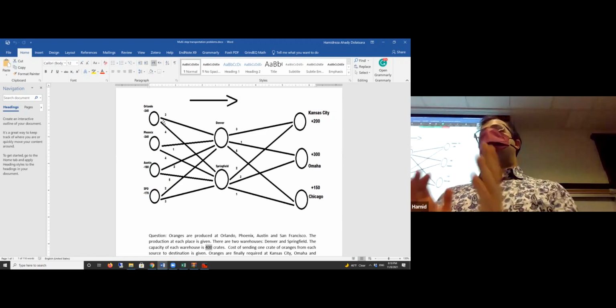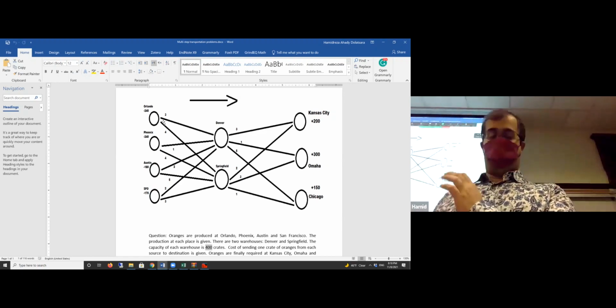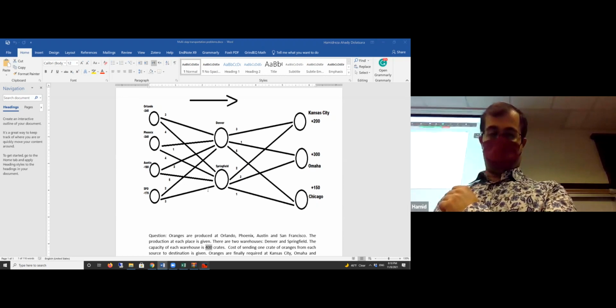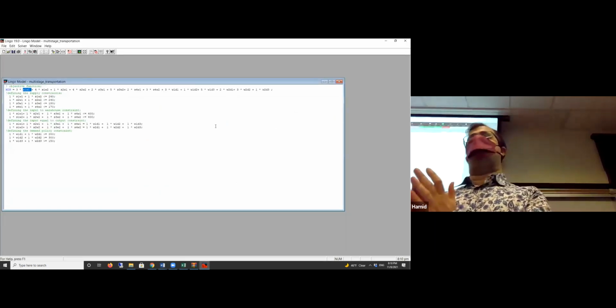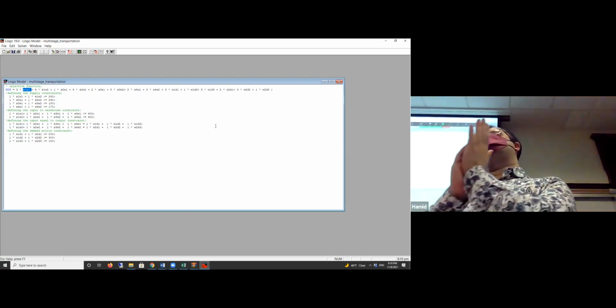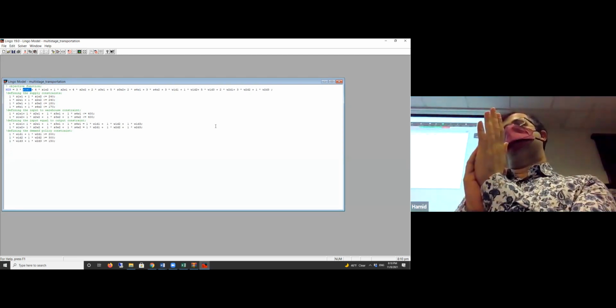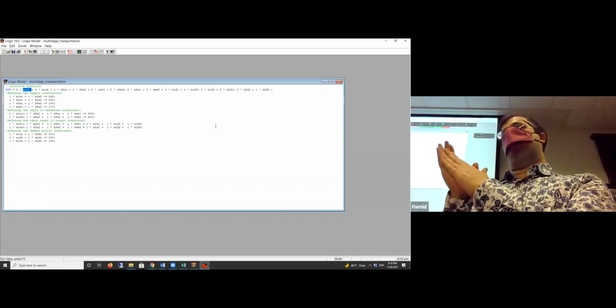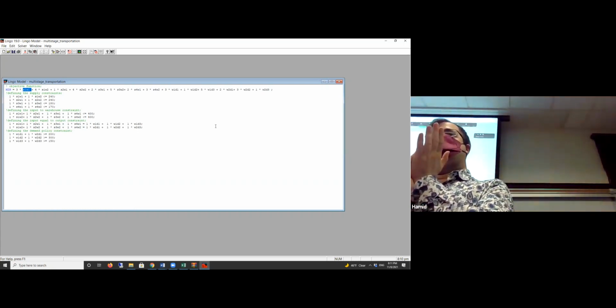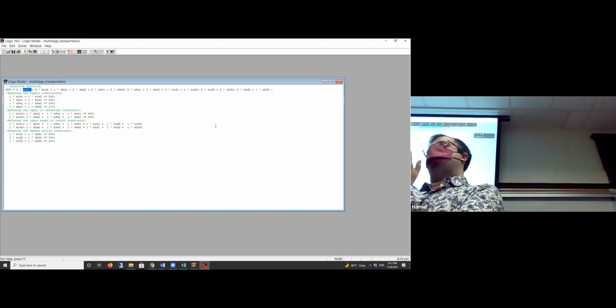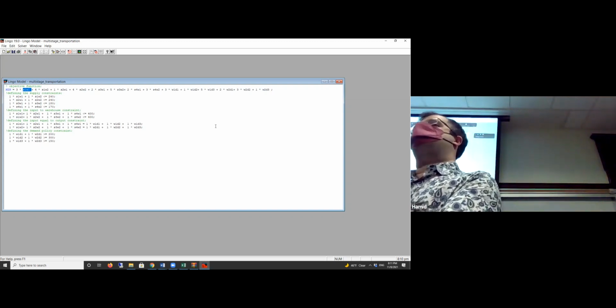Again, look at your Lingo. S1, W1 just means the decision variable for sending from source 1 to warehouse 1. But I put the coefficient of 3 because whatever I send on that link has a cost of 3.